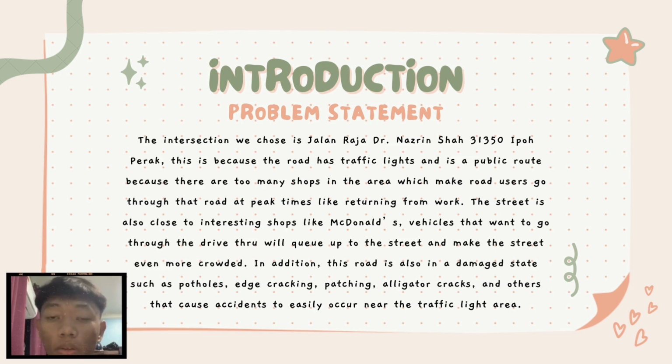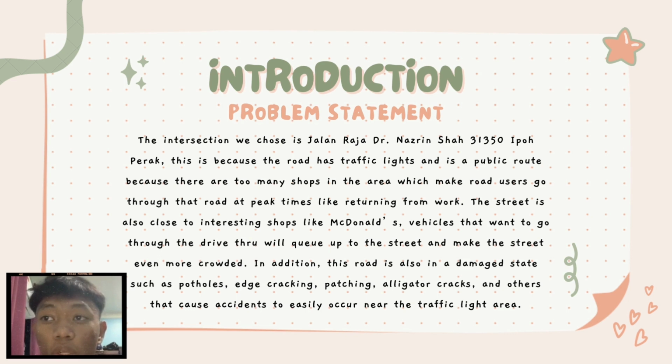The second part of the introduction is the problem statement. The intersection we choose is Jalan Raja Dr. Nazrin Shah 31350 Ipoh Perak. It is because the road has traffic lights and is a public road, because there are too many shops in the area which make road users go through that road, especially at peak times like returning from work.